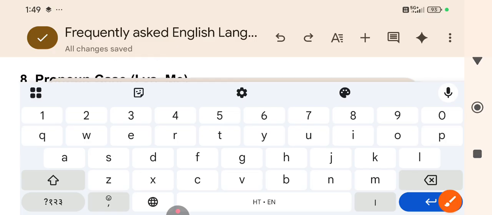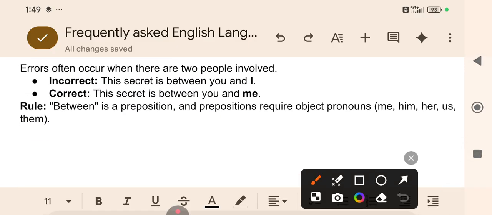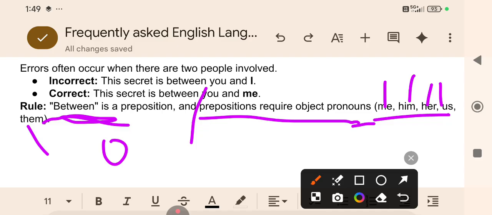I don't know why this problem is coming up this time. Okay, so prepositions require object pronouns: me, him, her, us. After between we should always use an object pronoun.